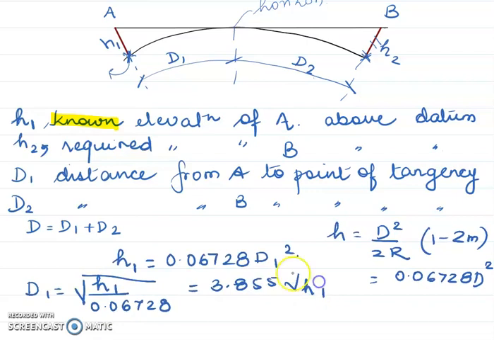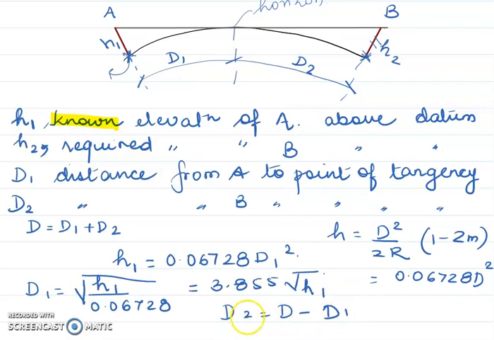This you are all expected to know. What is given to me is h1, so I find the value of d1, that is the point of horizon or tangency from A. Once I know d1 and the total distance d, I can calculate d2, which is equal to d minus d1.